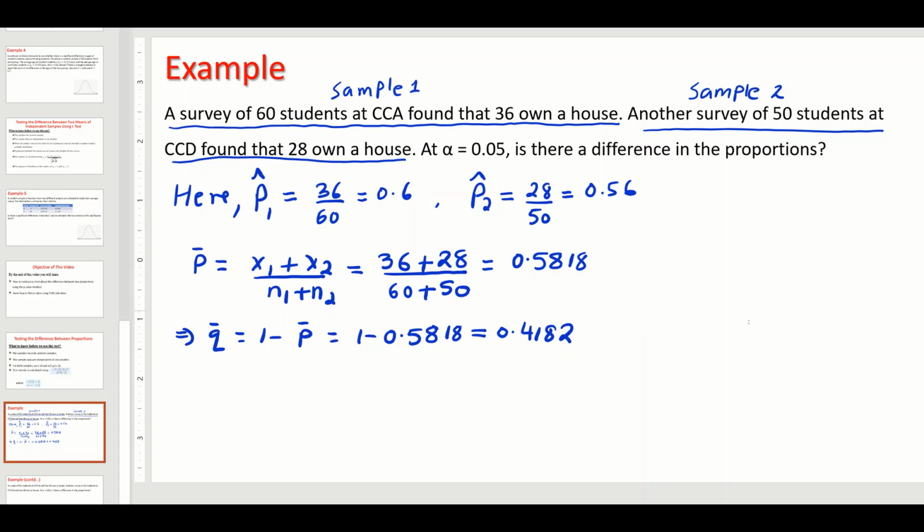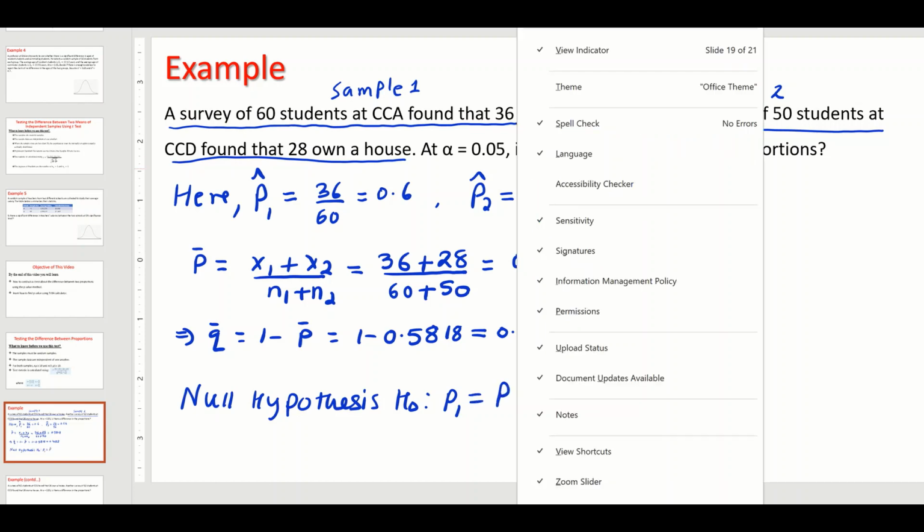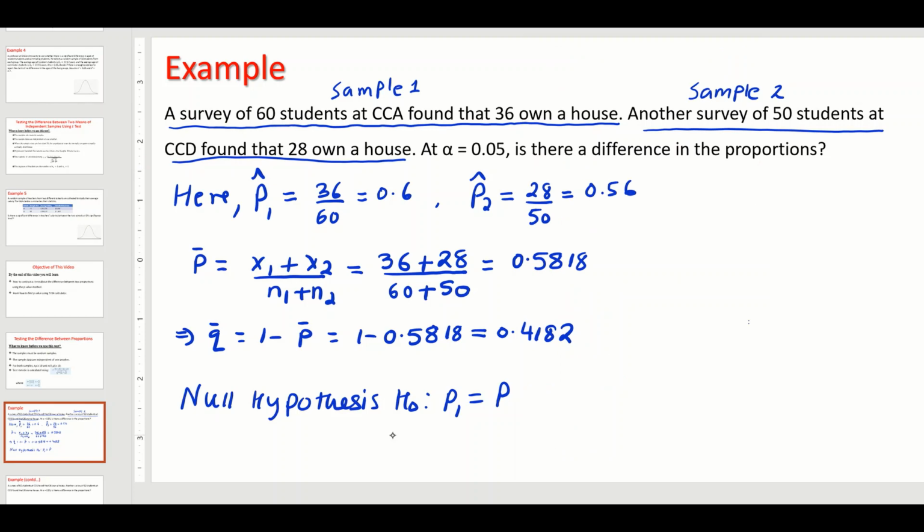Our question is, at the 5% significance level, or alpha equal to 0.05, is there a difference in the proportion? So our null hypothesis, which we write as H sub 0, always contains an equality sign. So we say these two values, P1 is equal to P2, equal proportion.